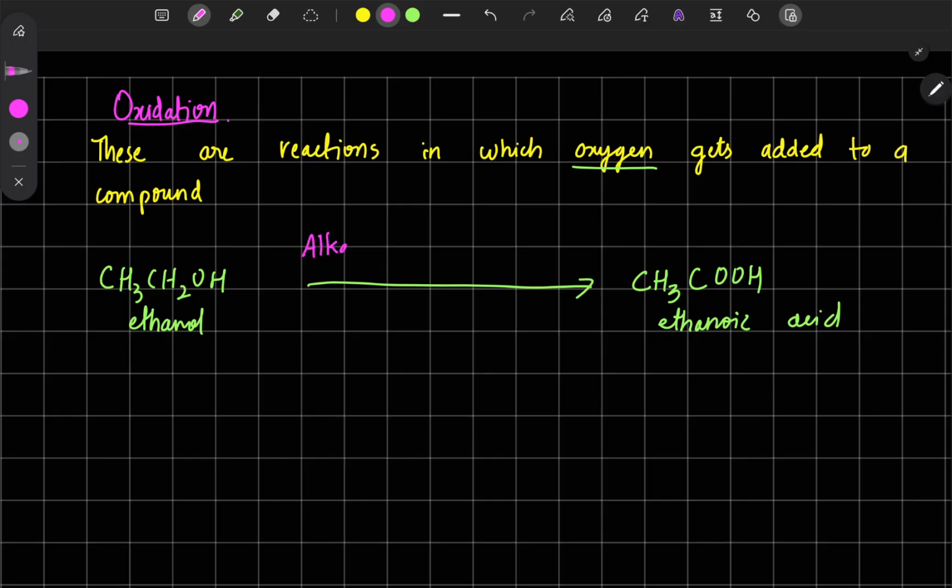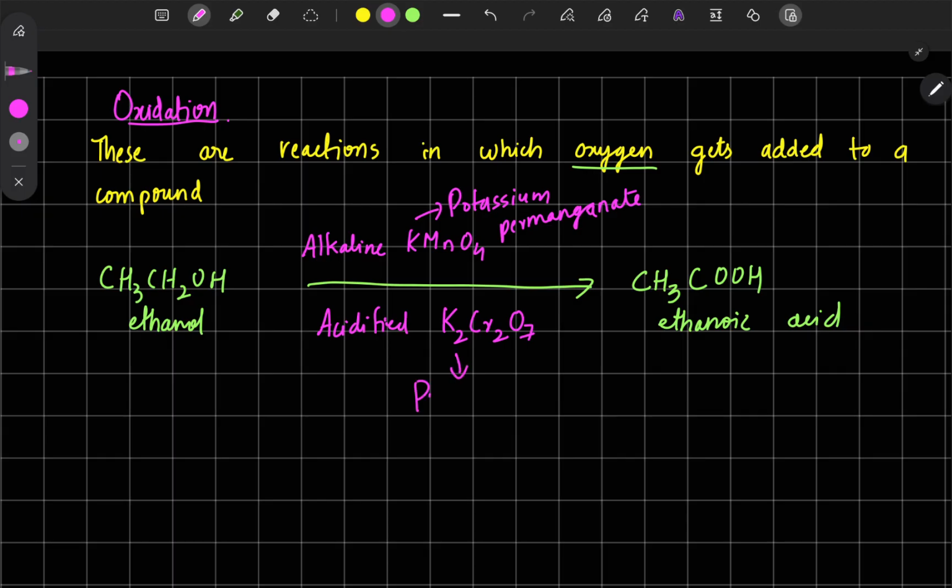One is alkaline KMnO4, the name of which is potassium permanganate, or you can have acidified K2Cr2O7, the name of which is potassium dichromate.